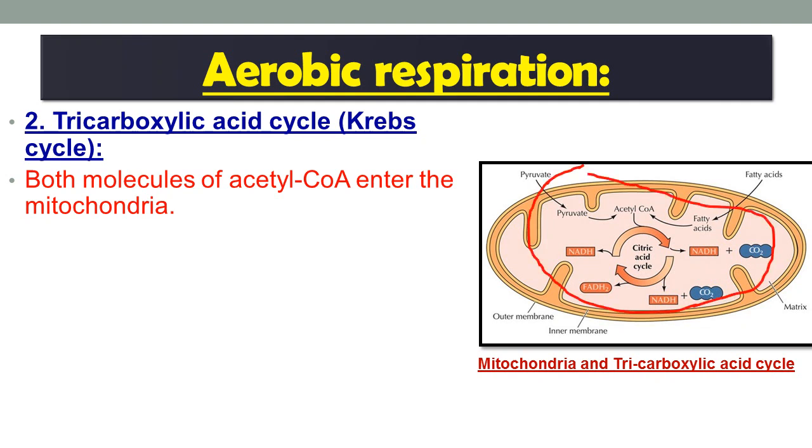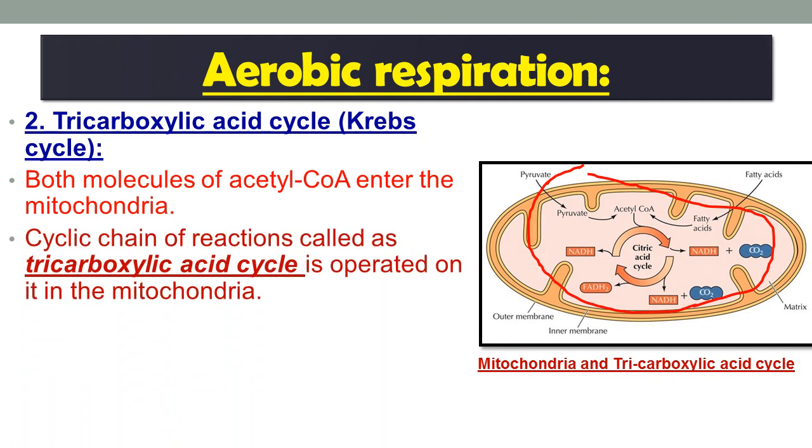Here you can observe the chain of reactions, the citric acid cycle, in which acetyl coenzyme A is converted, forming NADH2, carbon dioxide and FADH2. This is the chain reaction of the Krebs cycle, which happens in the mitochondria of the cell.